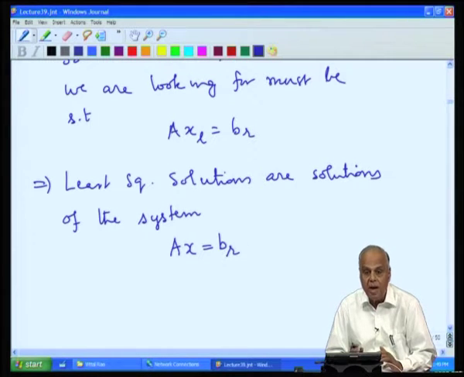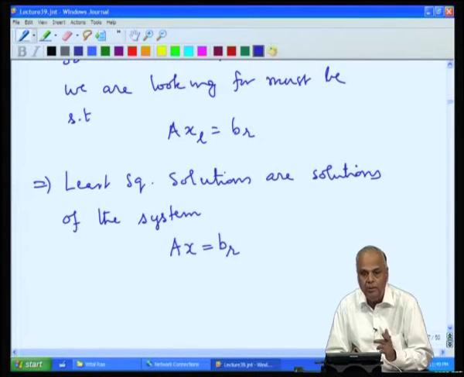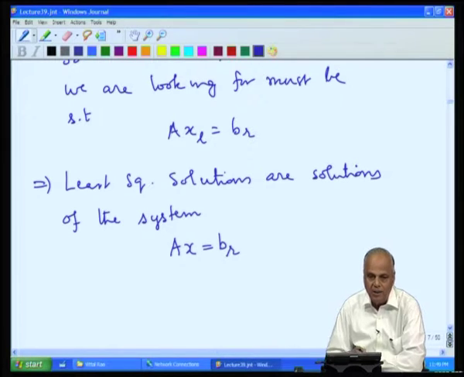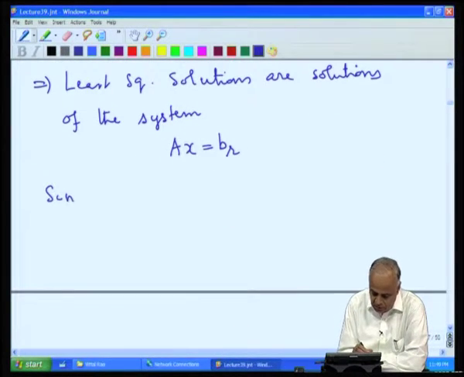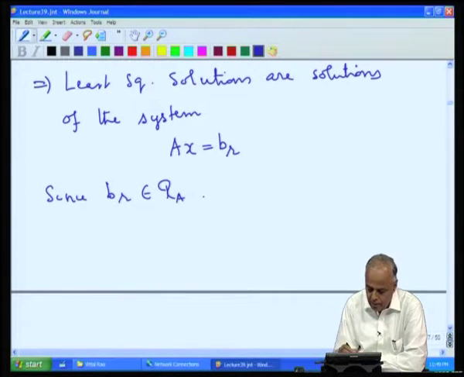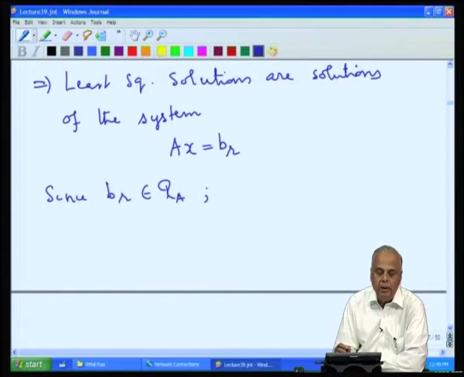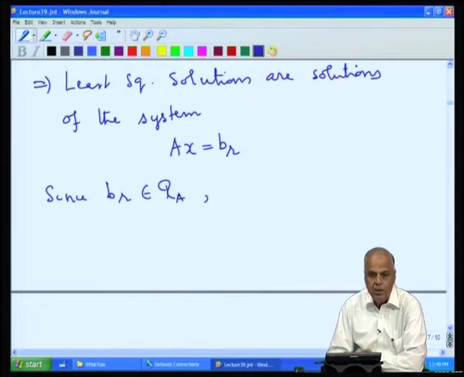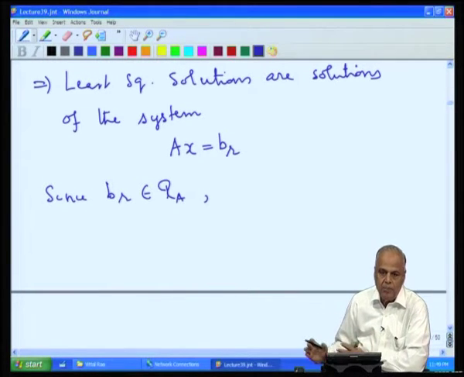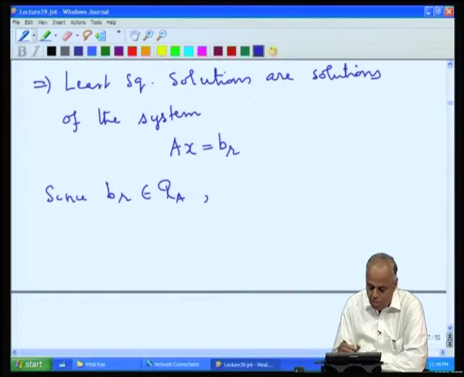Now, this system has a solution because b_r is in the range of A and it satisfies the consistency condition. Since b_r is in the range of A, any vector in the range of A is perpendicular to all the vectors in the null space of A transpose, because range of A and the null space of A transpose are orthogonal complements.